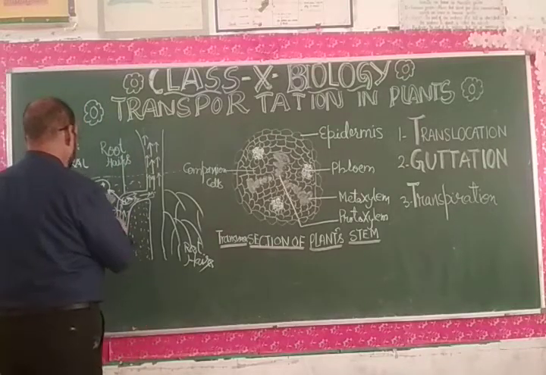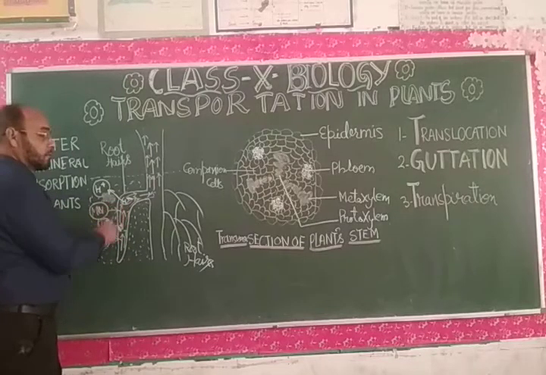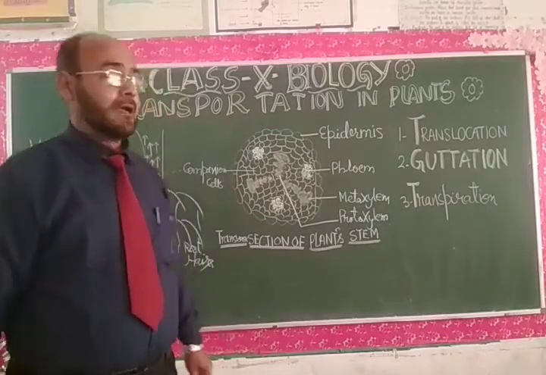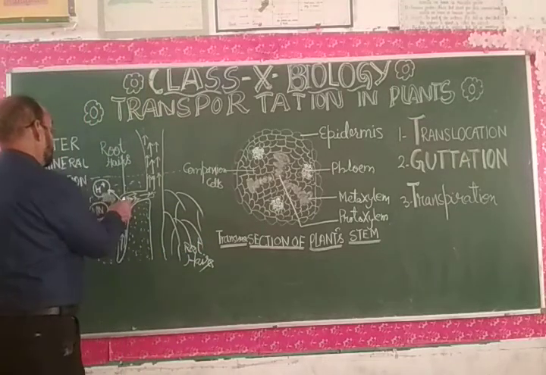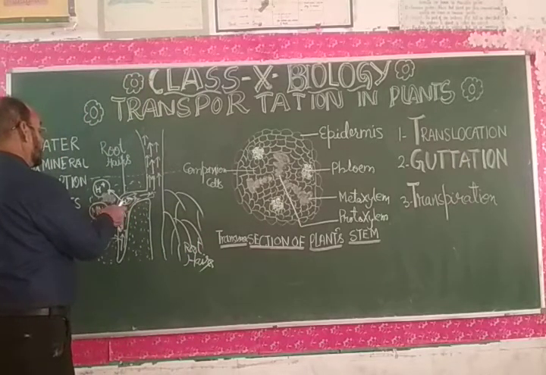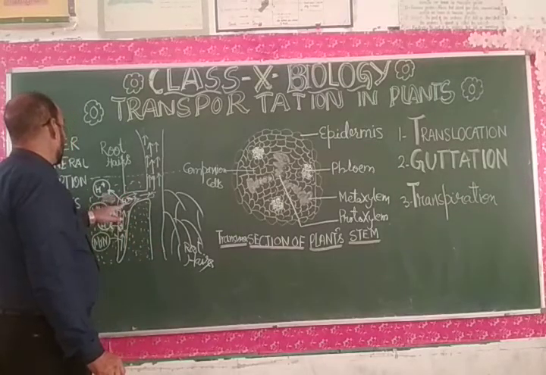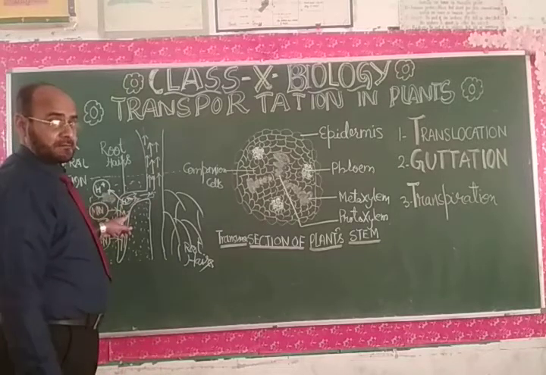Dear students, as far as mineral absorption is concerned, you have to know that hydrogen ions are produced in the different metabolic activities of the plant body, and these hydrogen ions come out from the root hairs into the soil. To replace the hydrogen ion, minerals get absorbed at that place.